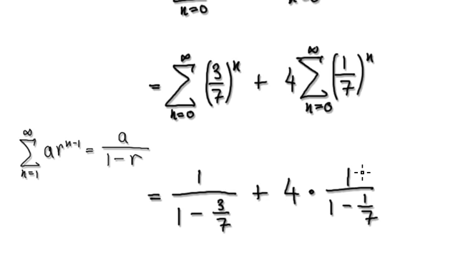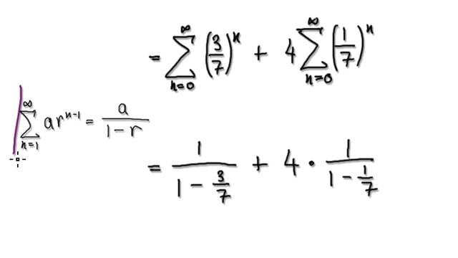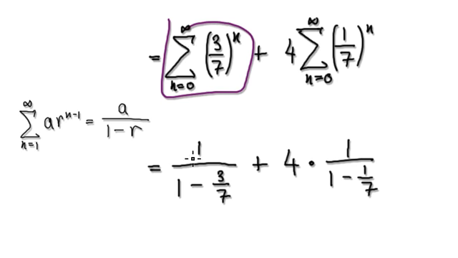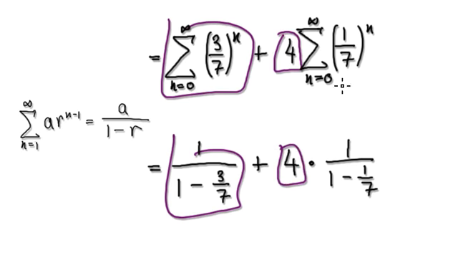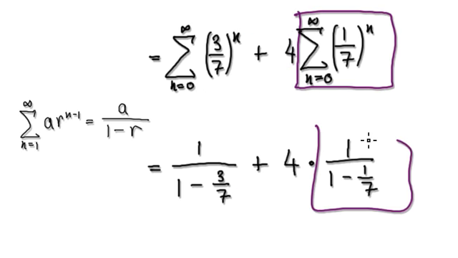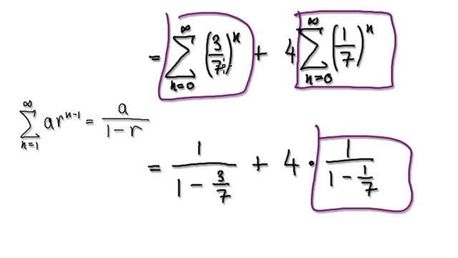Remember, we've seen this before. There's a formula for working out the summation of a geometric series. It will be this formula here. If you use this formula, this thing here will become this. This 4 here, by the way, is on the outside. This whole thing here equals this. If you look at this, the common ratio here is actually 3/7.